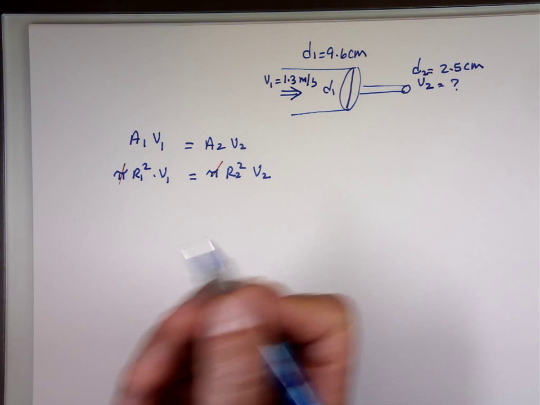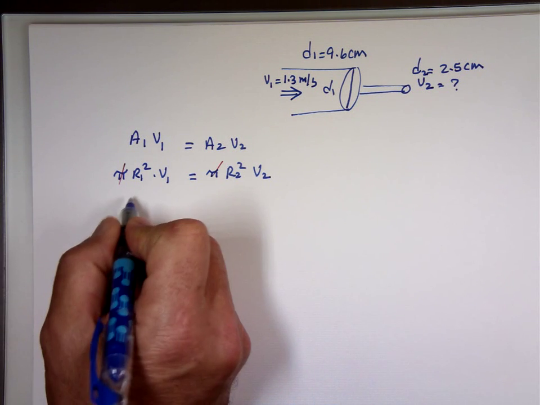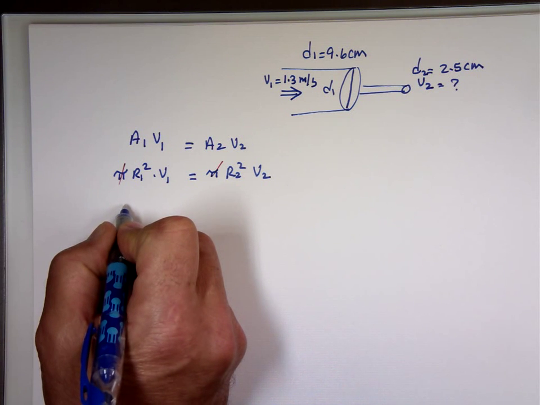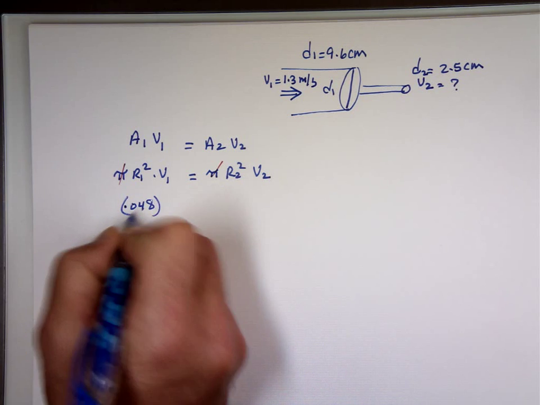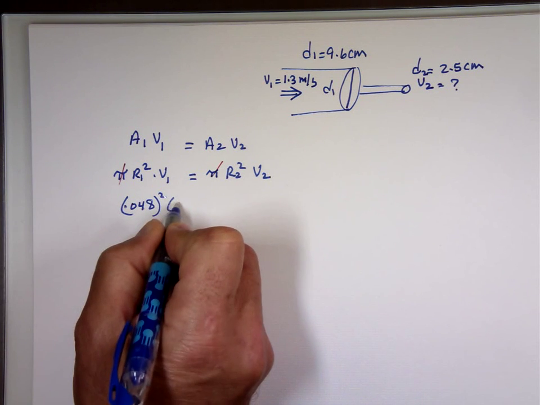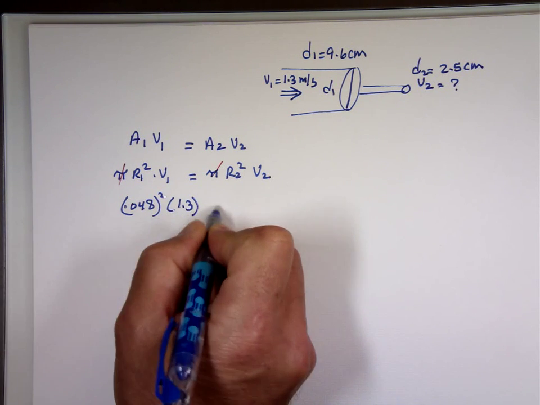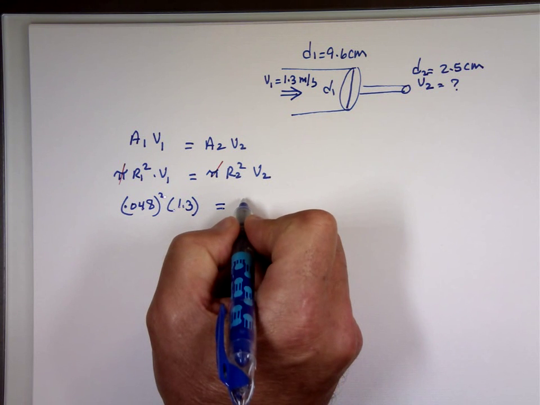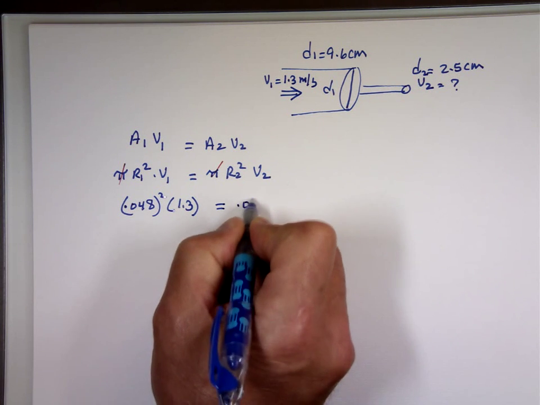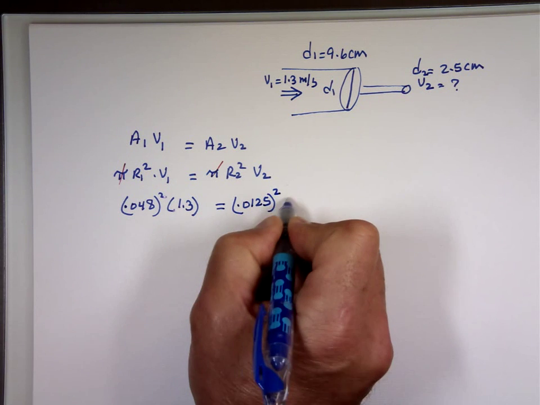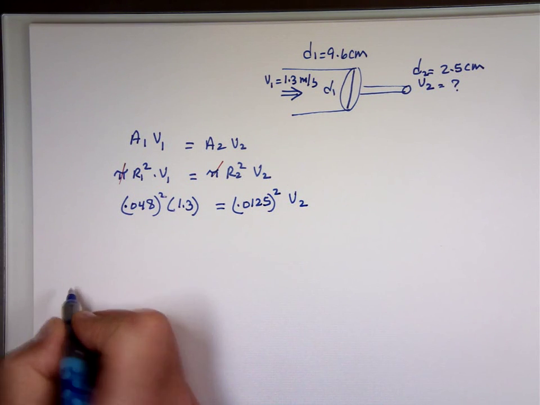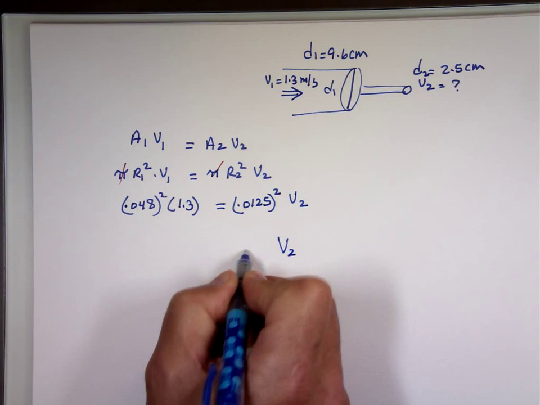You can leave it in centimeters if you want to, or 0.048, times 1.3 equals R2, which is 0.0125 squared, times V2.